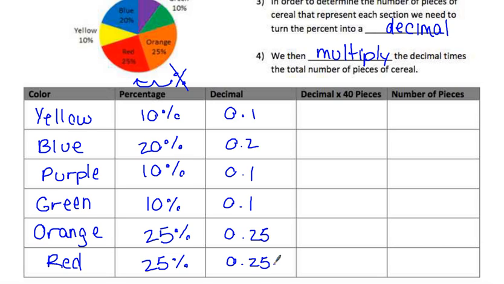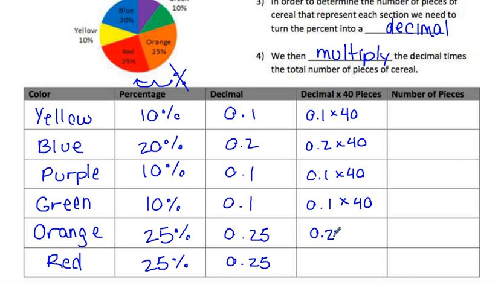So those weren't too difficult. Now you're multiplying by 40. 0.1 times 40. 0.2 times 40. 0.1 times 40. Because I'm turning it into 40 pieces, I need to figure out how many pieces of 40. Of means to multiply. You're going to need to do this on a piece of scrap paper or on your desk with a marker, if your teacher allows that.